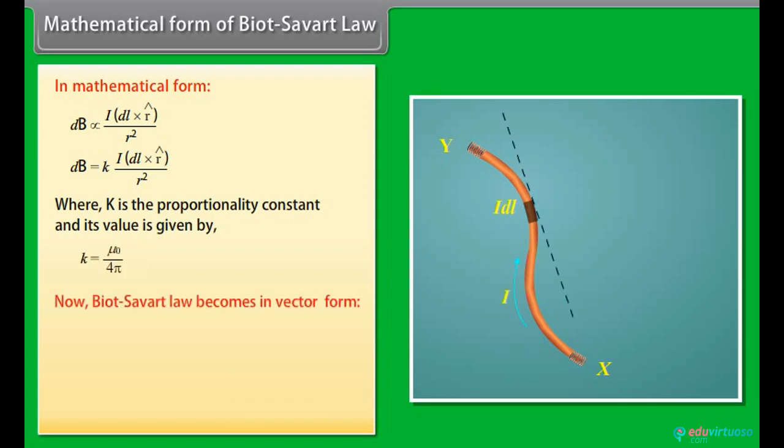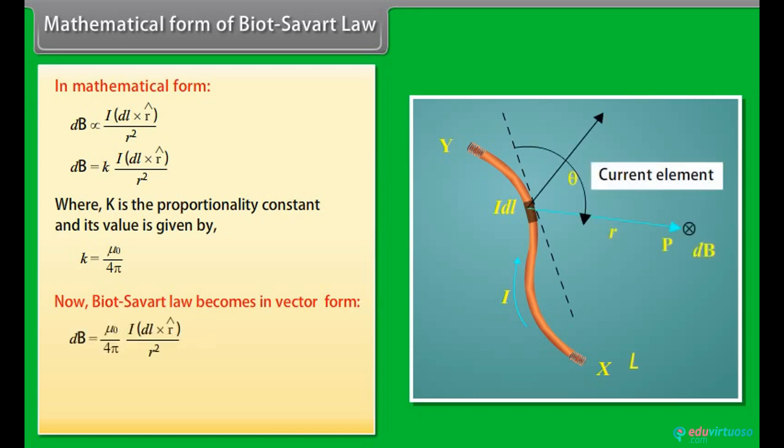Now Biot-Savart Law in vector form is given by dB is equal to mu naught upon 4 pi multiplied by I and cross product of dl and r cap divided by r square. And in magnitude form, dB is equal to mu naught upon 4 pi multiplied by I dl sine theta divided by r square. Magnetic field on the axis of a circular current loop.